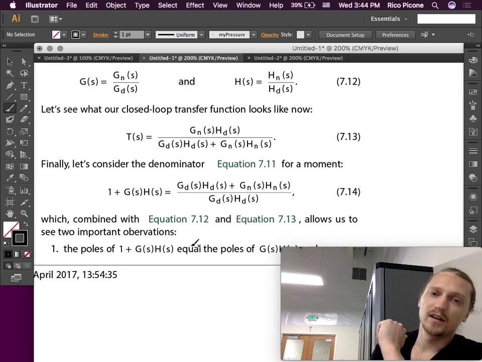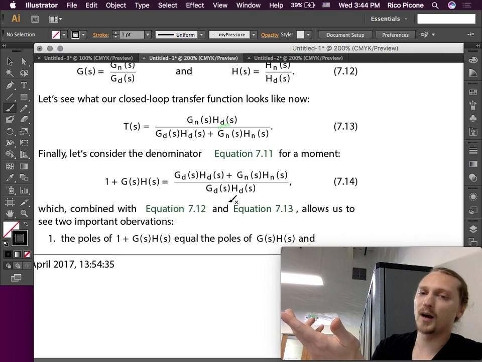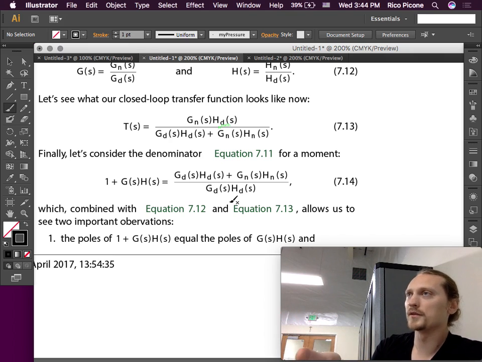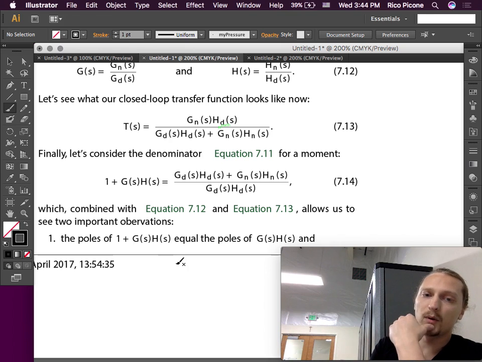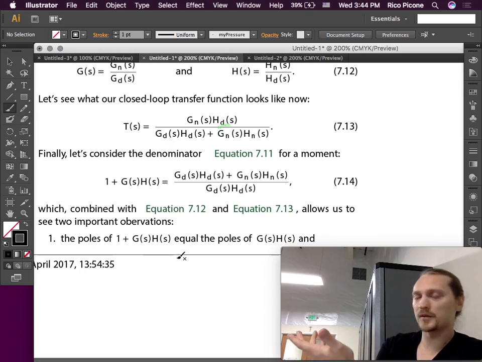First of all, the poles of 1 plus GH, which come from the denominator of 1 plus GH, equal the poles of GH, because the denominator of GH is where the poles of GH come from. So the poles of 1 plus GH equal the poles of GH. That's the first observation.